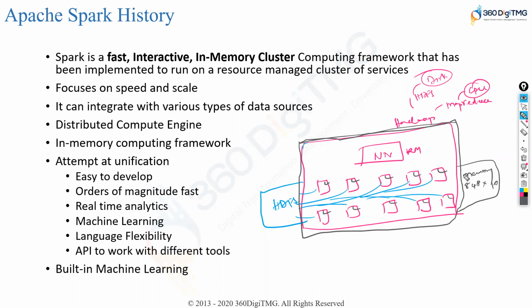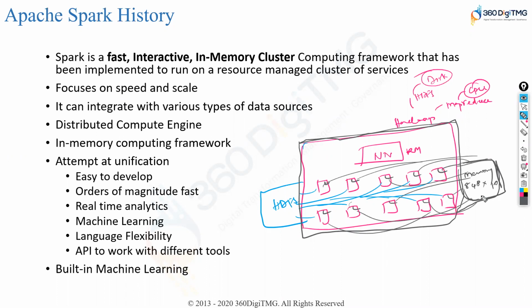Physically, this memory is nothing but blocks of your individual nodes, right? But we map it in such a way that we are combining all the memory that we have across all these nodes and consuming it as a single big supercomputer having very high memory capability.